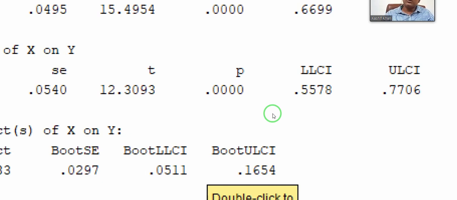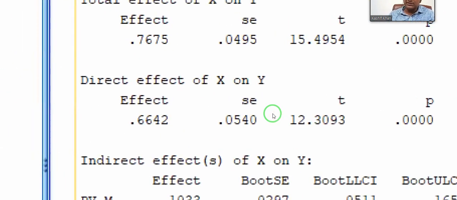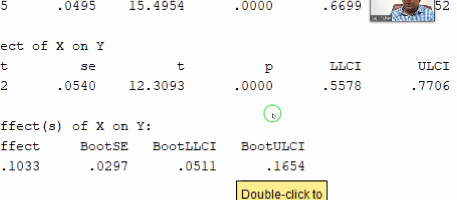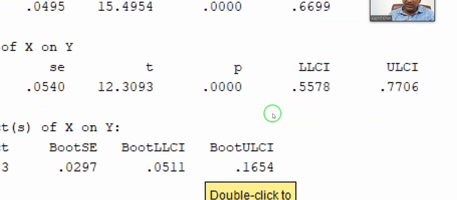So what if there was, let's say, minus 0.0511 and then 0.1654, then there is a zero between. Then we would say our hypothesis is rejected. Now we're accepting our hypothesis because within these values, lower limit and upper limit, there is no zero.